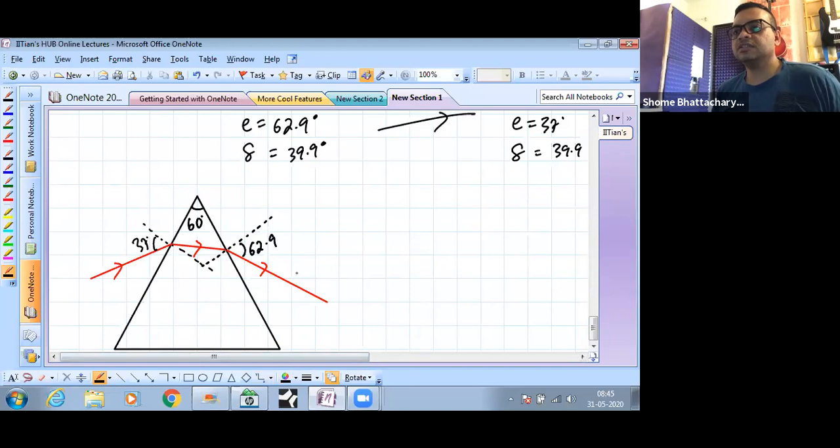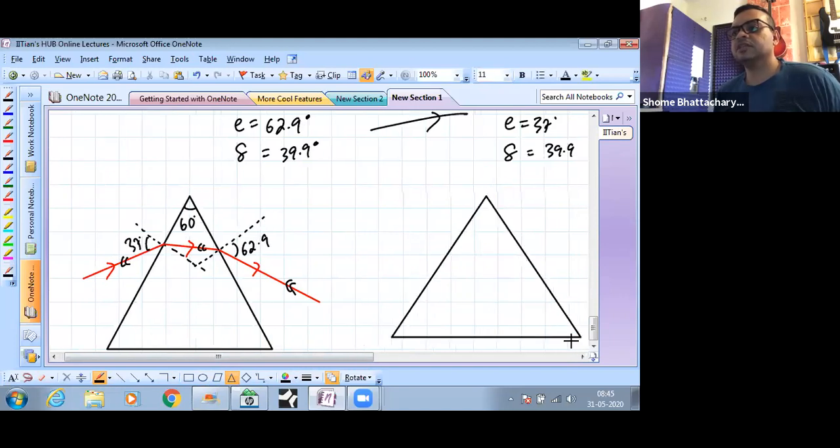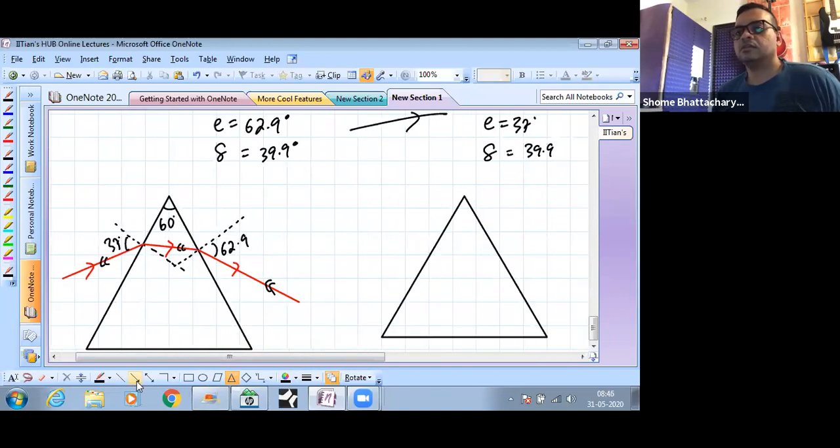Now you see here that reversibility is applicable. So that means if I flip this diagram, I'll get the same thing. What I mean by flipping this diagram is that if the light is incident from this side only, but at an angle of 62.9, incident like this, then it will emerge like this.